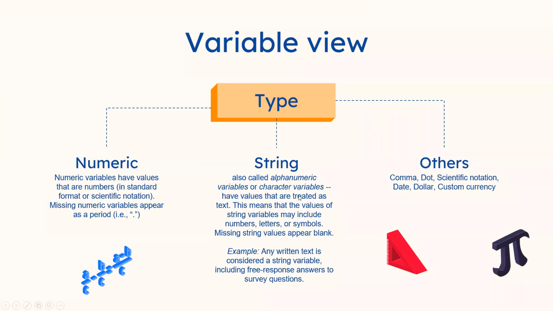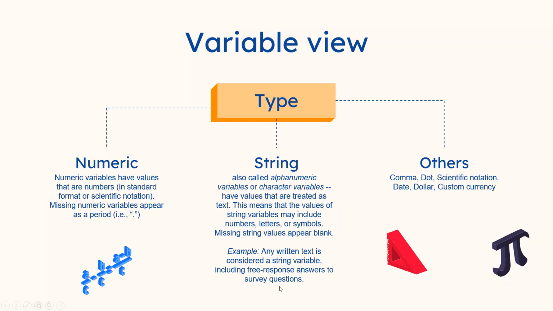If you want to list down all the comorbidities that the participant had, it's going to be a list of comorbidities, so it should be regarded as a string. It can also be alphanumeric things, for example, like a US postcode.